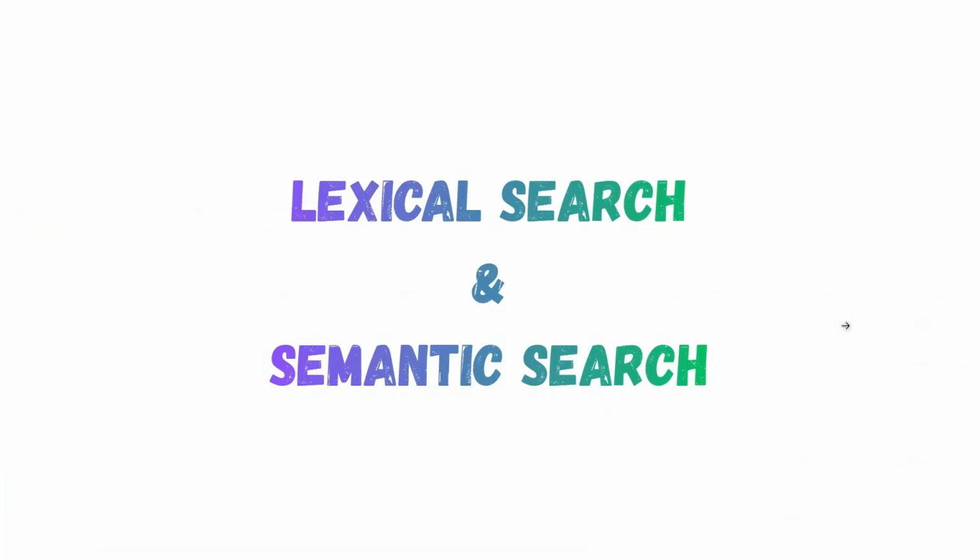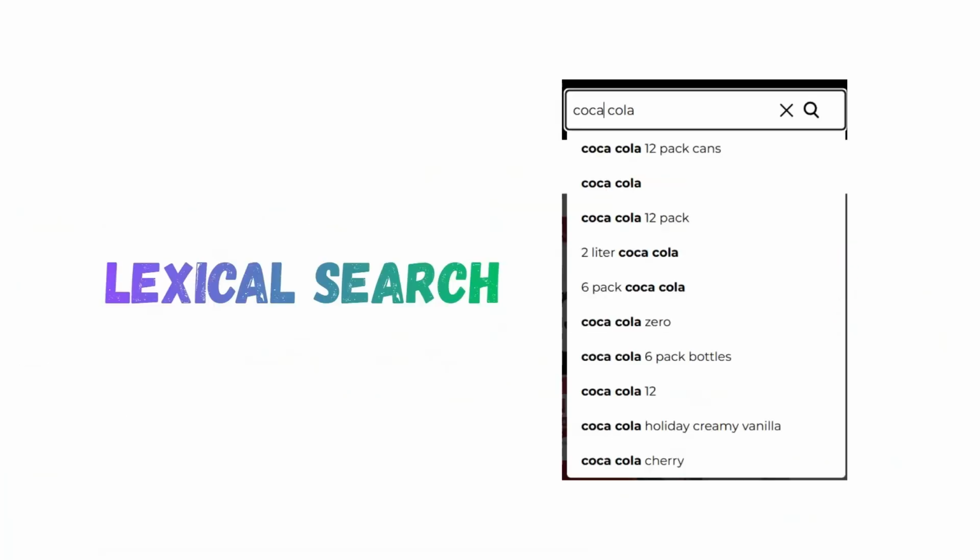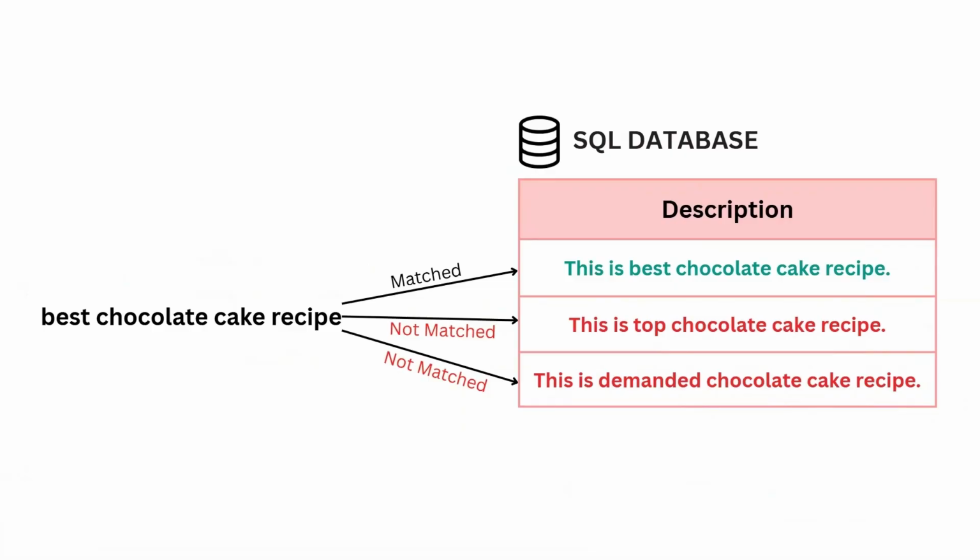Now, it is the right time to discuss lexical and semantic search. Have you ever searched for something online and noticed that the search engine looks for the exact words you typed? That's lexical search in action. For example, you search for best chocolate cake recipe.